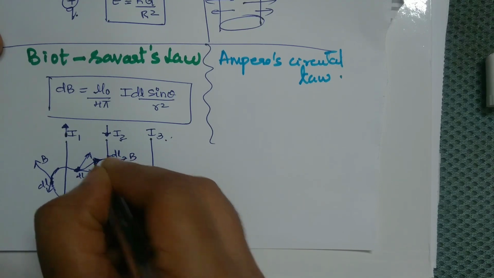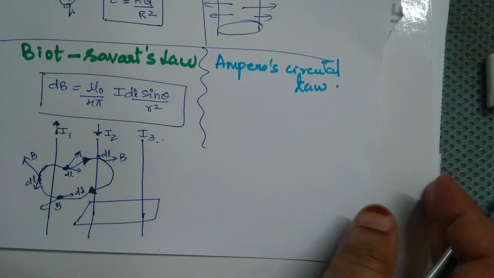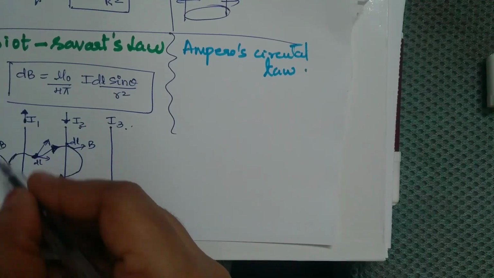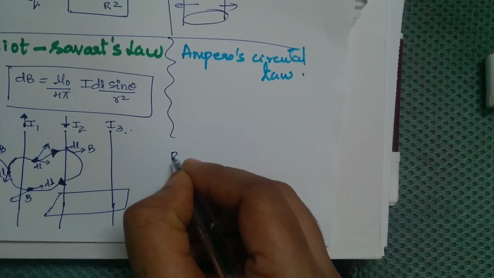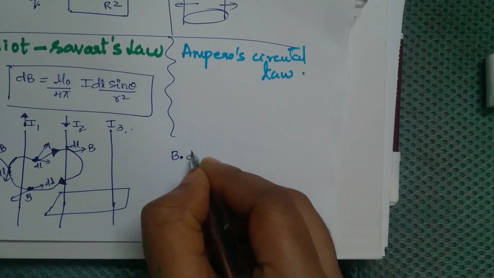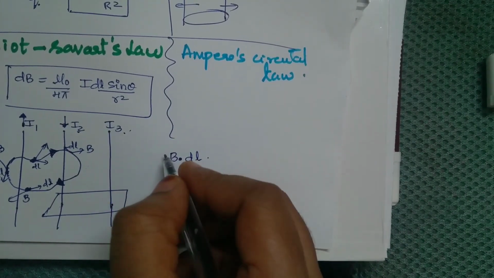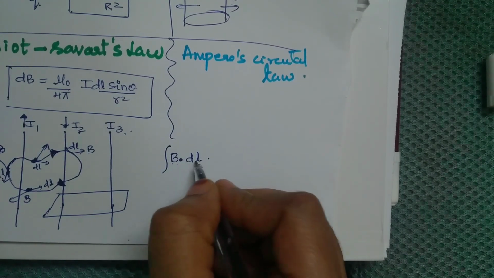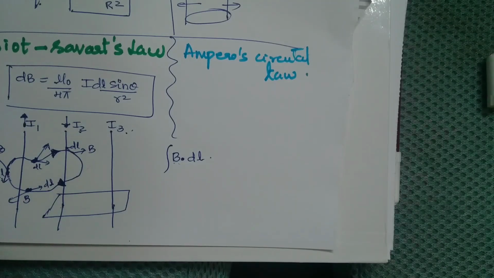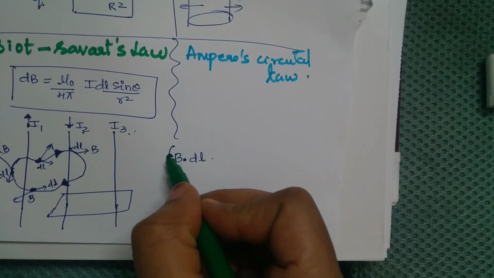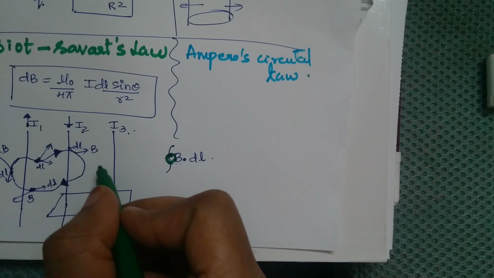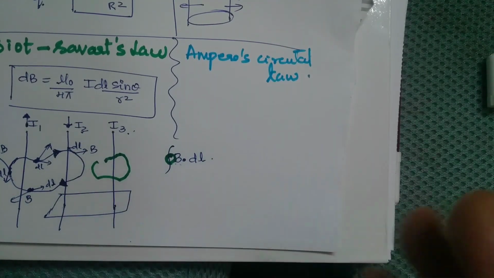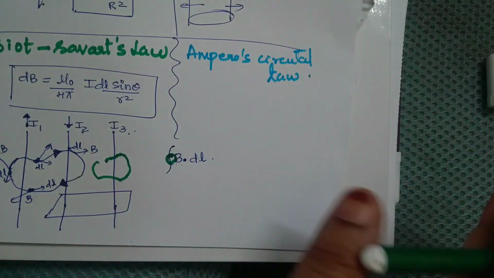It depends on us. Now, since we are moving like this, he said to take the dot product of the magnetic field and the small length element, and find the total of B dot dl, and he reminded us to take the closed integral. If the loop is not closed, then Ampere's circuital law does not hold good.